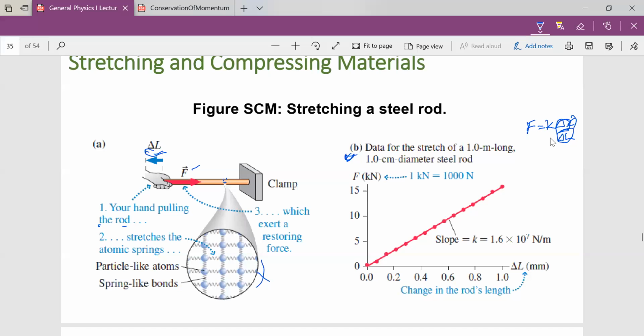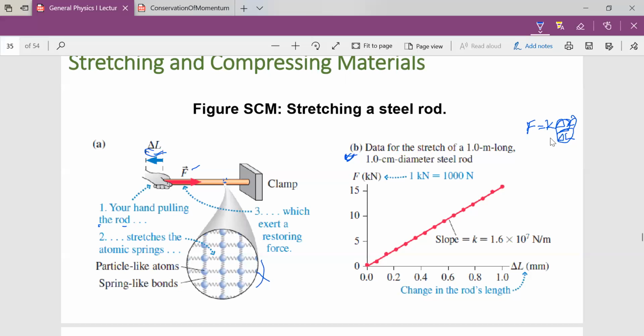We have a force of about 16,000 newtons producing a small stretch of about 1 millimeter. Okay, you can see that it is about 0.001 meters using a 16,000 newton force. But in the case of a spring, just a little force will yield a large stretch and compression.